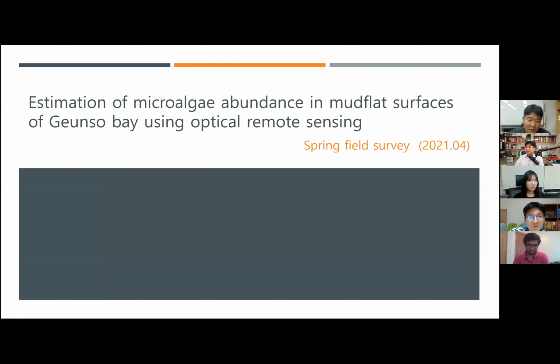The topic of today's presentation is estimation of microalgae abundance in mudflat surfaces of Gunso Bay using optical remote sensing. This data was observed in April 2021.